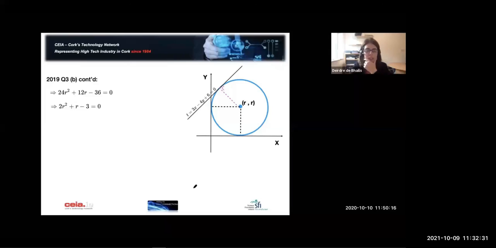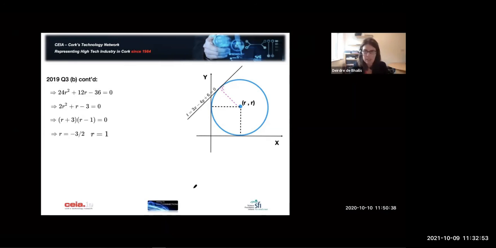Again, a quadratic, and so we're back to factors, which gives us (r plus 3) multiplied by (r minus 1) is equal to 0. And that gives us r is equal to minus 3 over 2, and r is equal to 1.